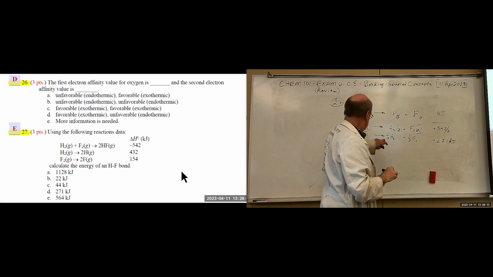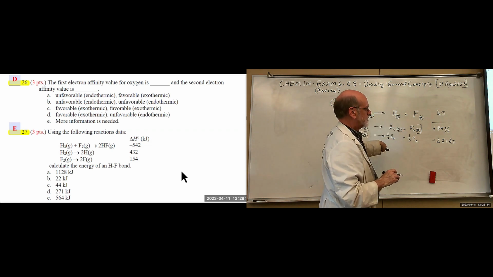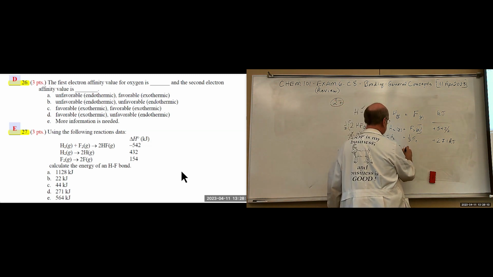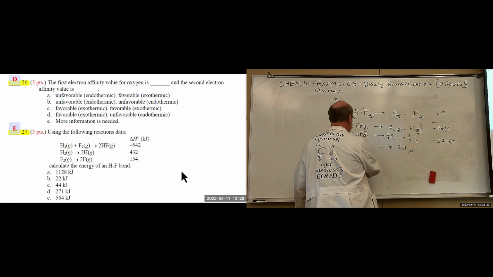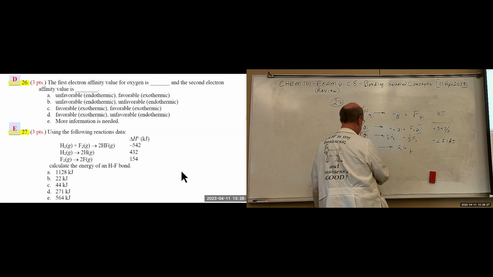Okay, so we're going to use this one, and we've got that taken care of. Now we need to put these on that side. The next one puts 2 hydrogens on this side and an H2 on this side. But we only need 1 hydrogen over here, so we take this one in half.